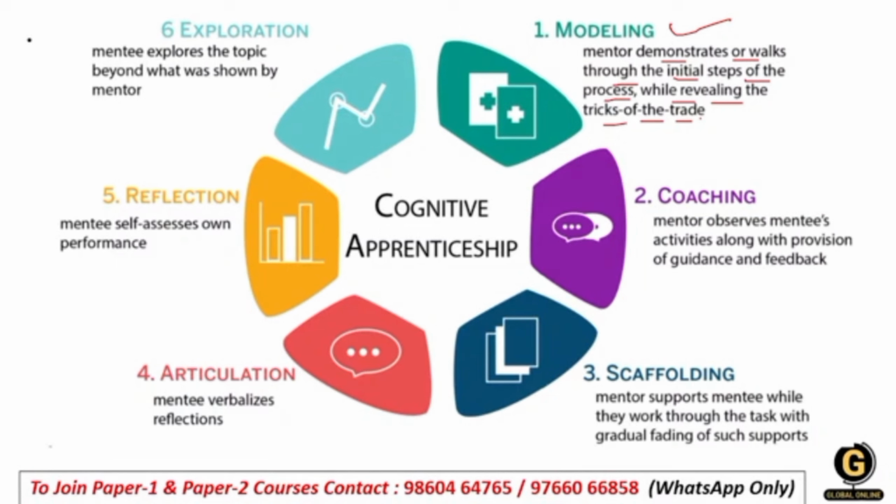Then coaching: the mentor observes the mentees' activities along with providing guidance and feedback. We all know the meaning of coaching, where the teacher or mentor observes the mentees, the learners.